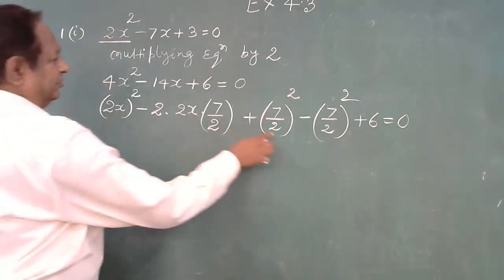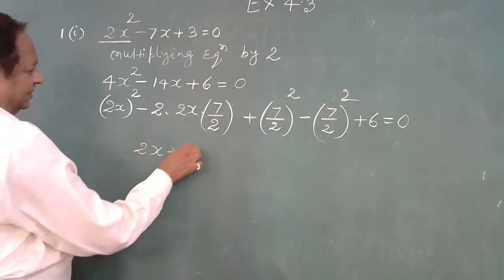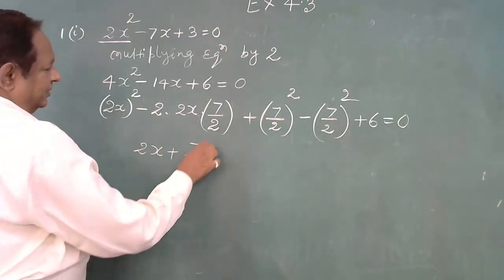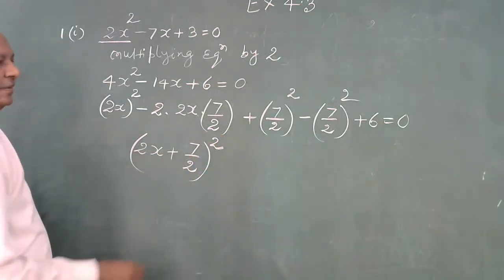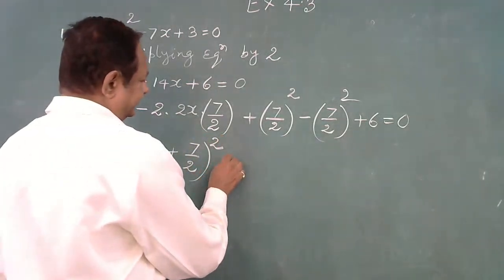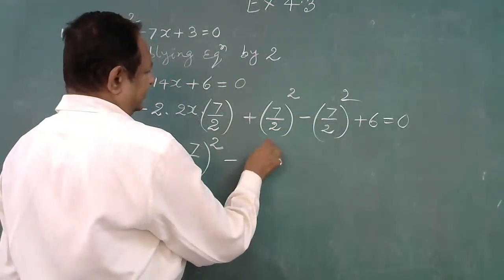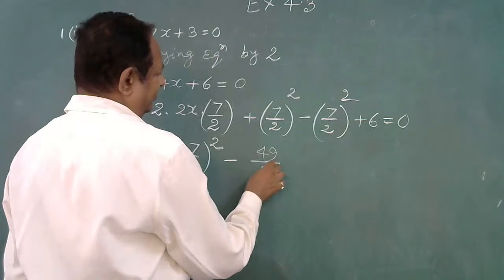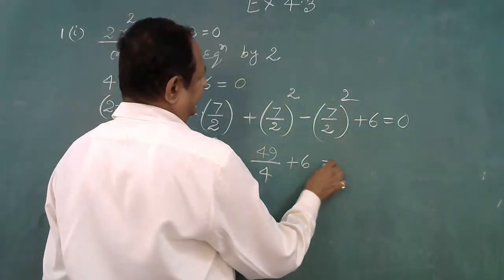So from here to here it is the perfect square of 2x plus 7 by 2 whole square, minus 7 square, 49 by 4, plus 6 is equal to 0.